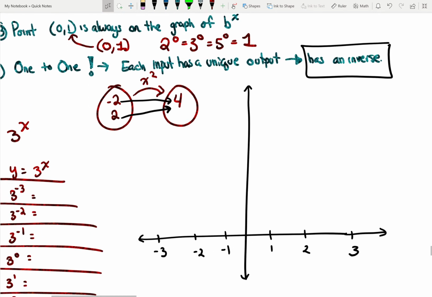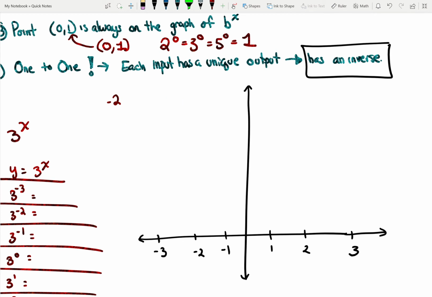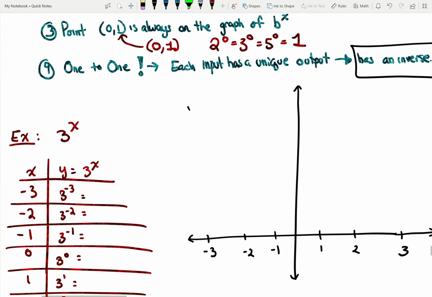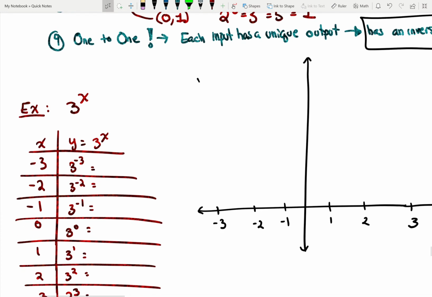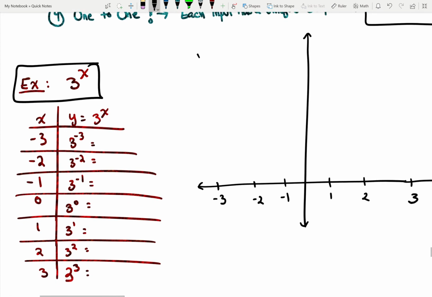All right, so let's go ahead and start graphing one simple exponential function. Let's look at this guy right here, 3 to the x. That's what we're trying to graph right now. So I already went ahead and I chose several x's for us: -3, -2, -1, 0, 1, 2, 3.